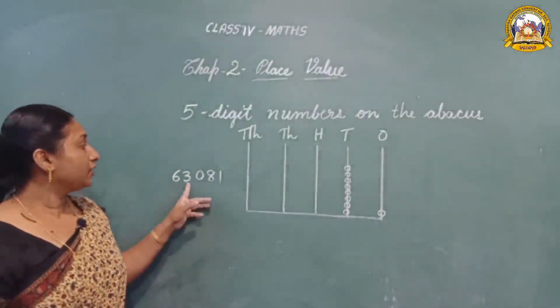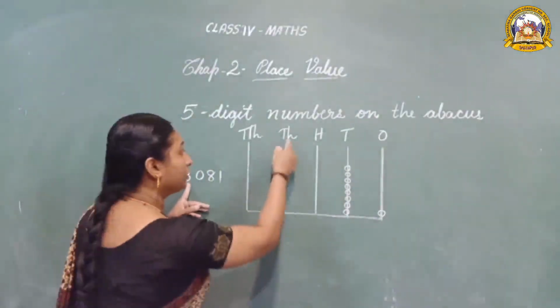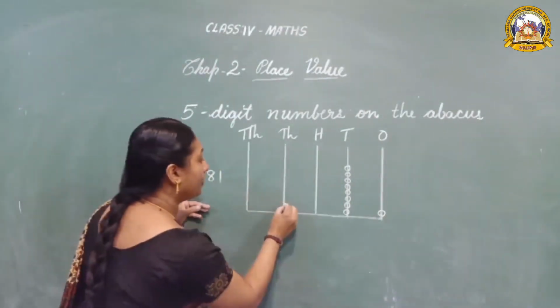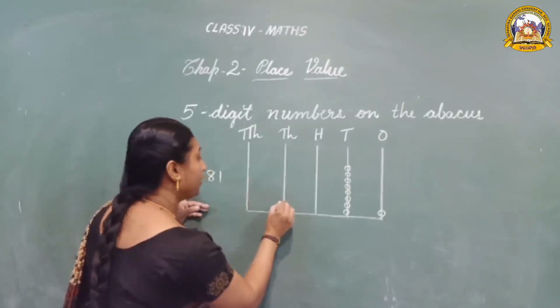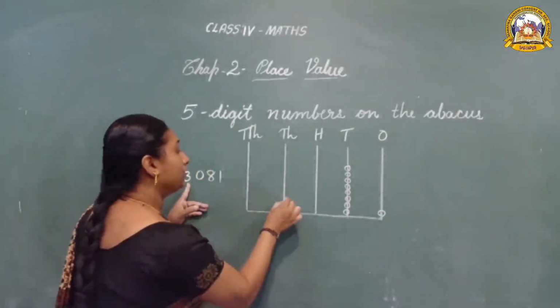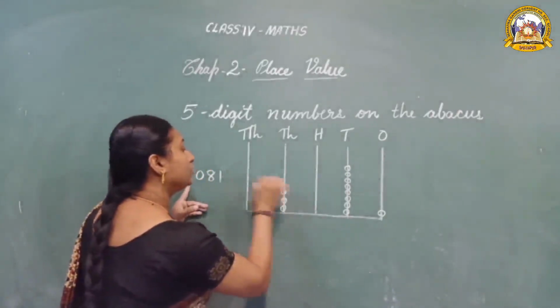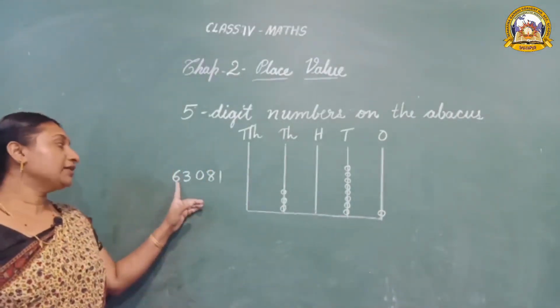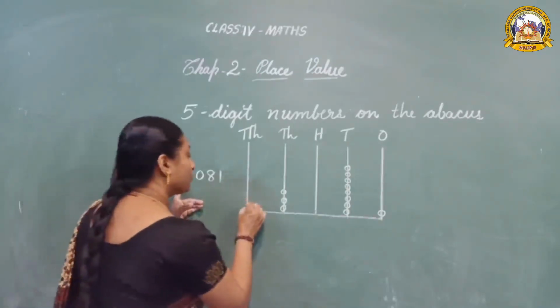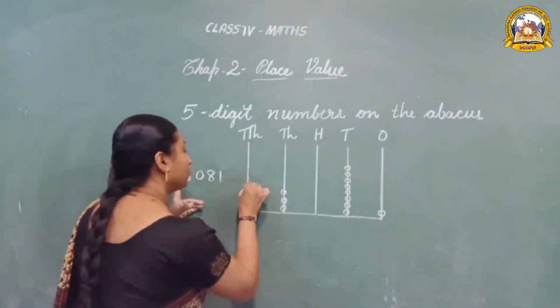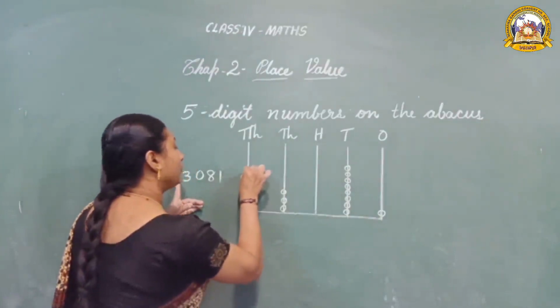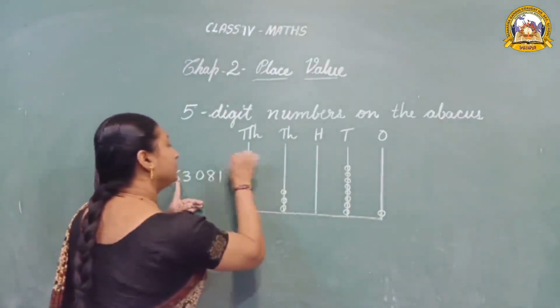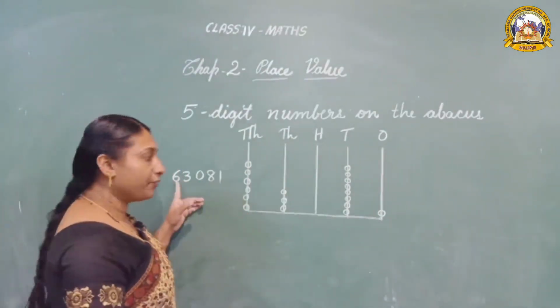Next, 3 thousands. Under 1000, how many beads are needed? 3 beads. 1, 2, 3. Next, how many 10,000s are there? 6 10,000s. 1, 2, 3, 4, 5, 6. Okay.